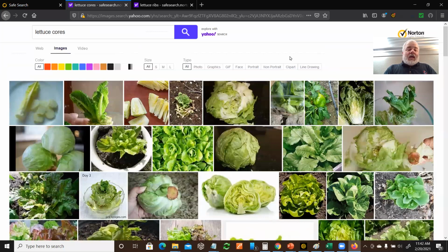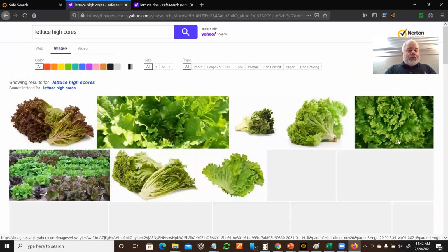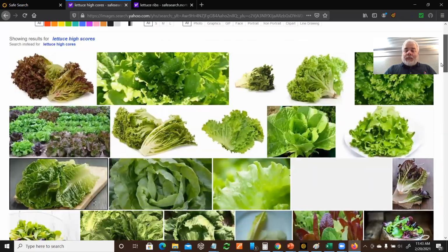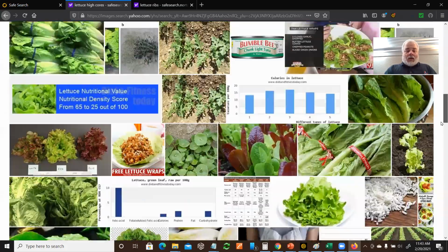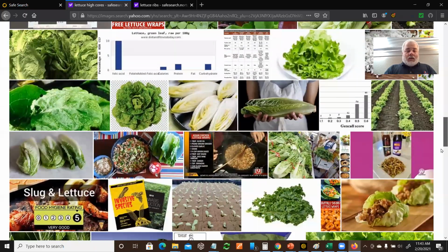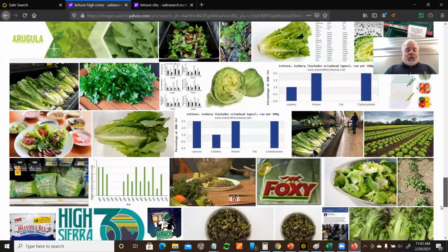And if you have a high core, not sure if this will show up in this search engine or not. And I'm not seeing one here. Oh, well, doesn't matter.